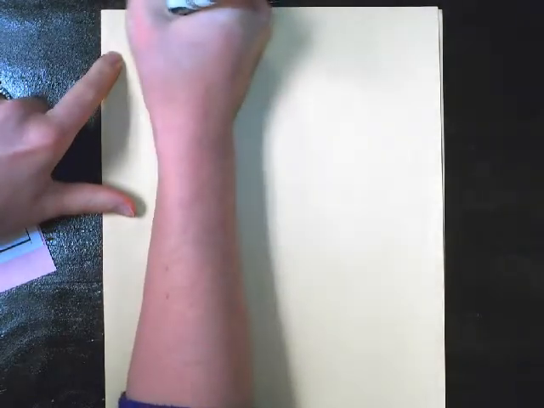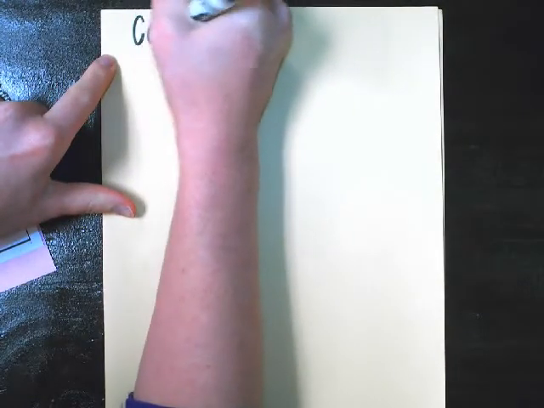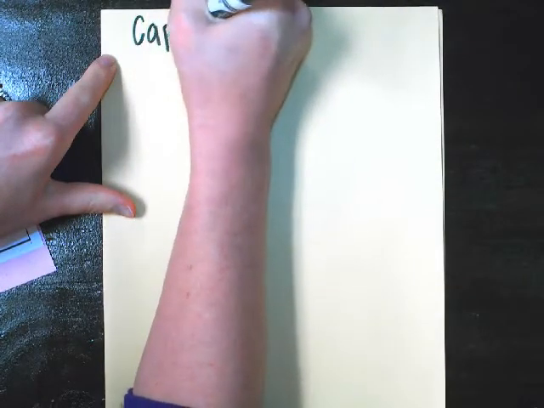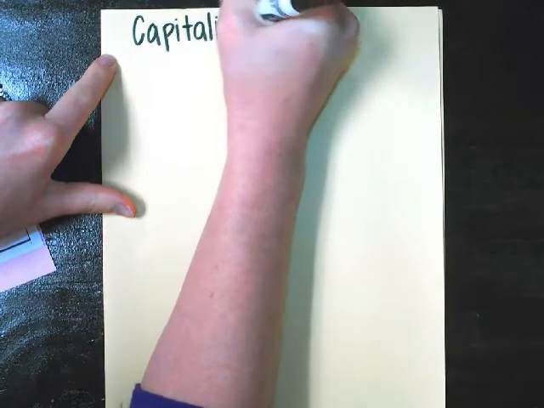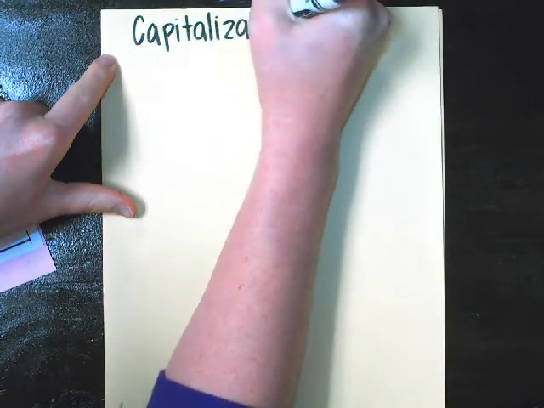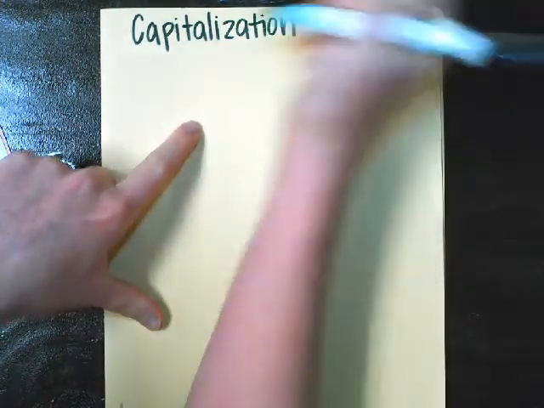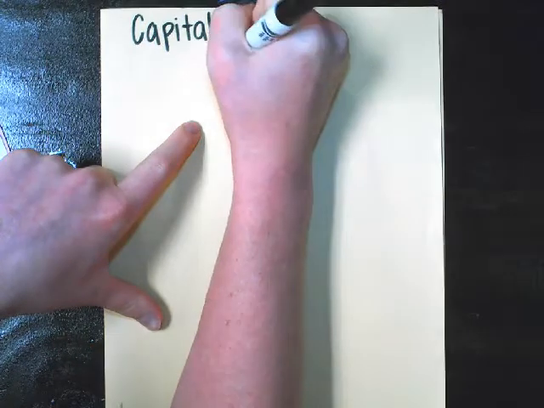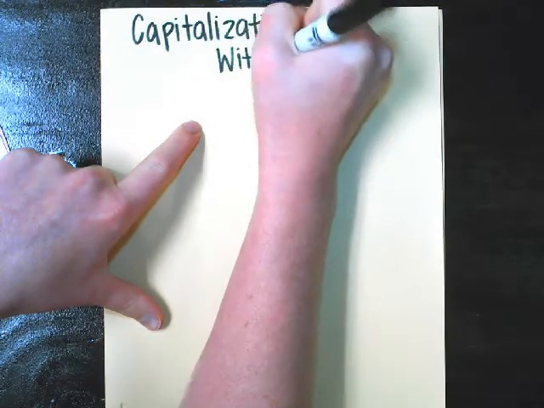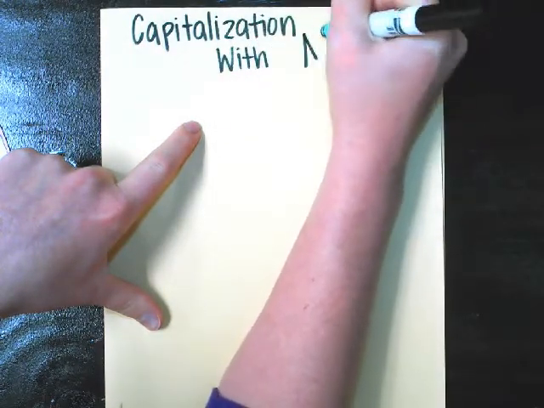All right, we're going to make a capitalization anchor chart so we remember all the fancy things to capitalize. And we're going to use the term MINTS, like a peppermint, M-I-N-T-S. So first I'm going to give our anchor chart a title, and titles are always capitalized. This is our capitalization with MINTS.